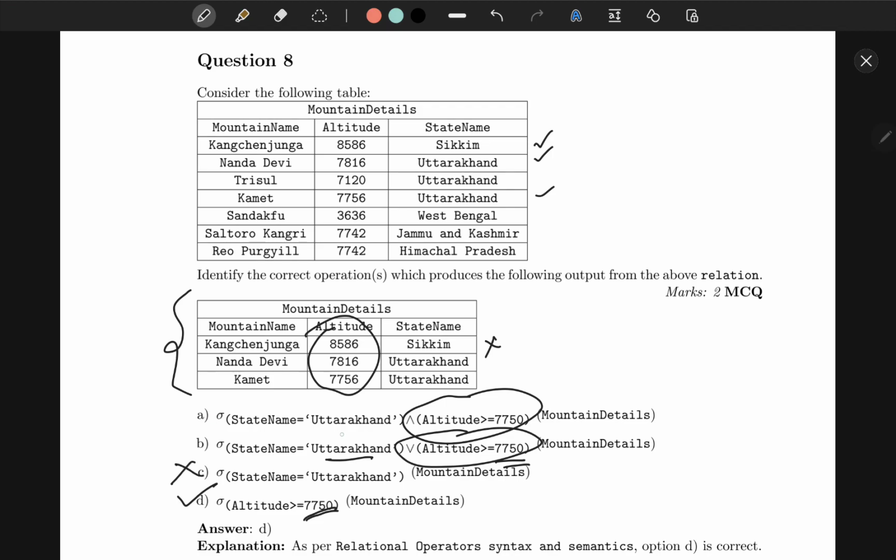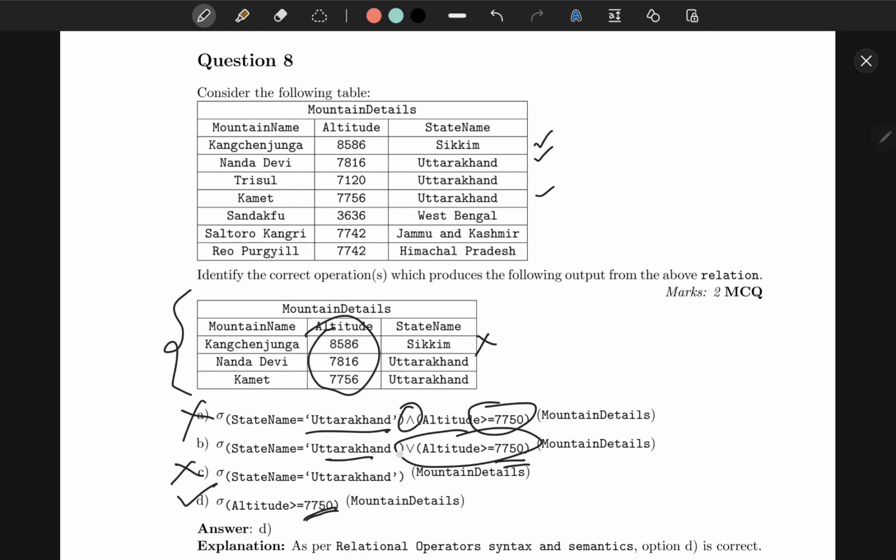Now the first option says it is ANDed with Uttarakhand, so all the entries have altitude greater than this, and the state name has to be Uttarakhand, but this tuple does not satisfy that, hence this is a wrong option.